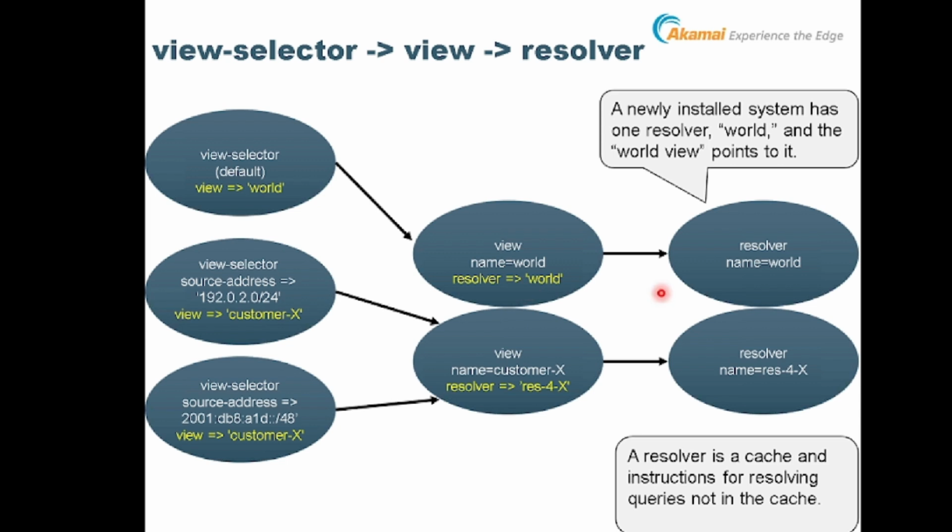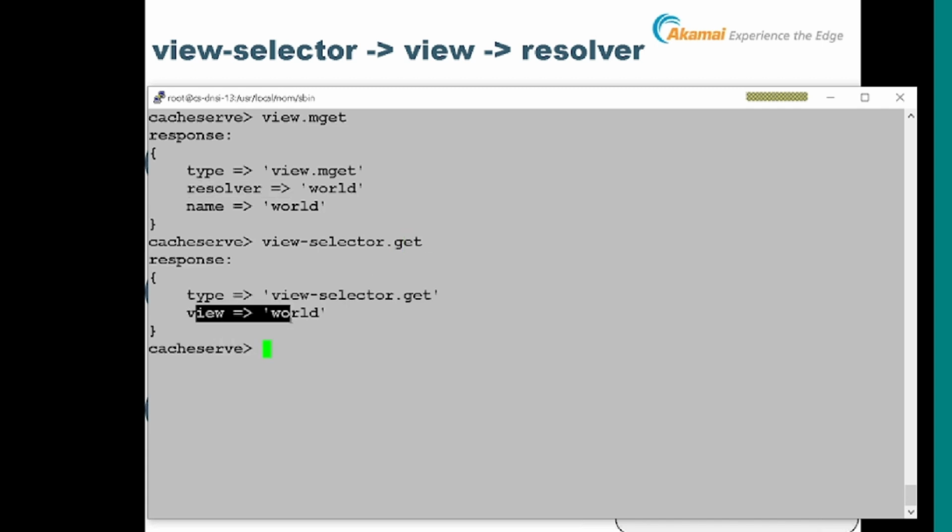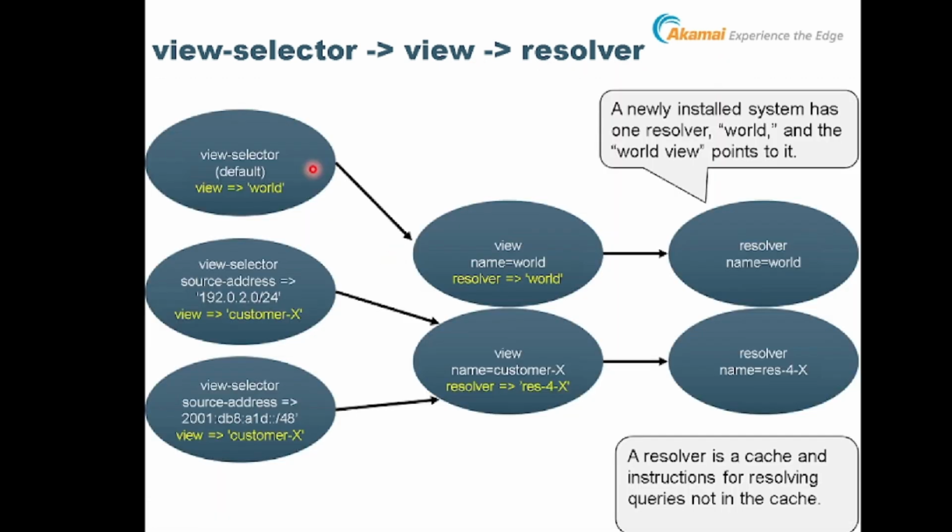On the top line, we have the default situation, where the view selector points to the world view, and the view called world here points to the world resolver. So we have this sequence, view selector to view to resolver, and that's how the system works when you first turn it on.